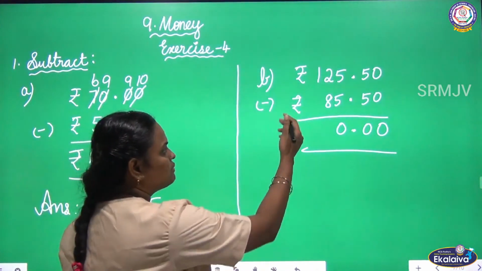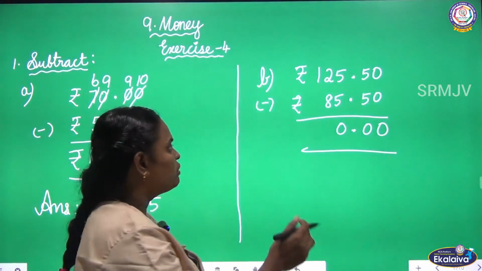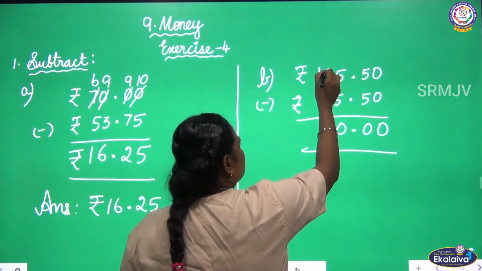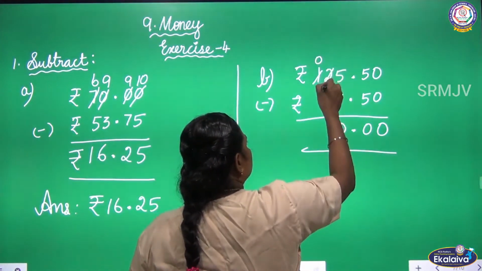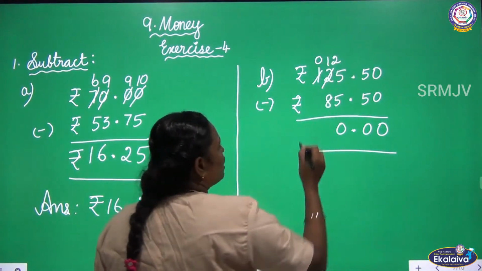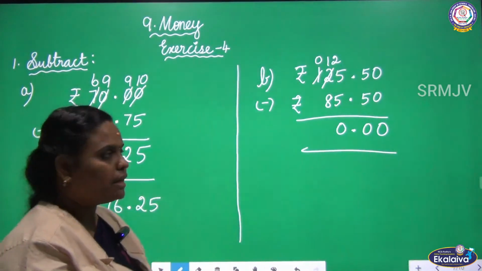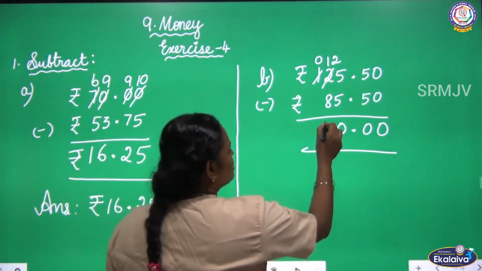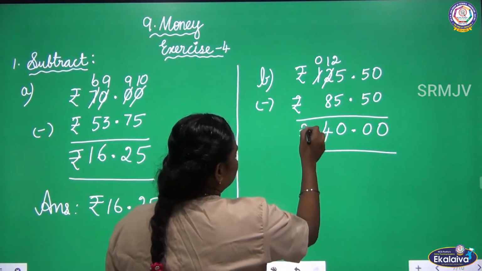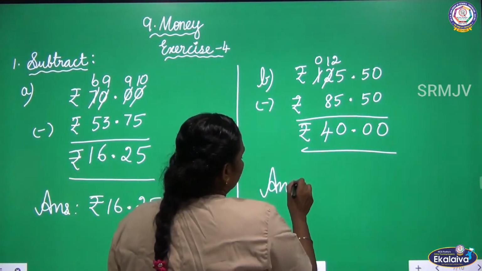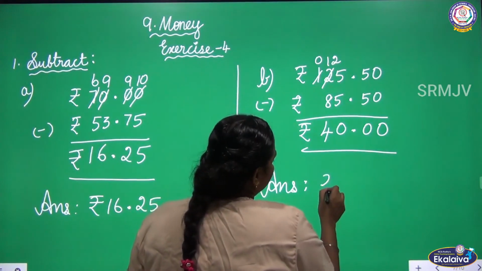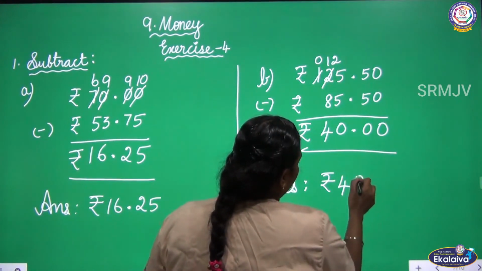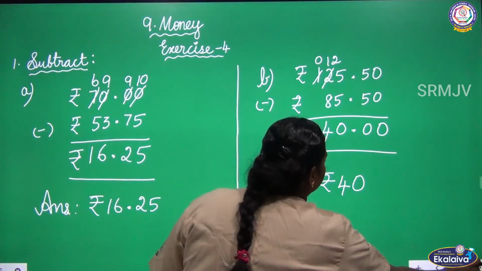We can't subtract from a smaller number, so we have to borrow from the before number. So 1 becomes 0, 2 becomes 12. Now you tell me, what is 12 minus 8? 12 minus 8 is 4. So what is the answer? 40 rupees. You can write only 40.